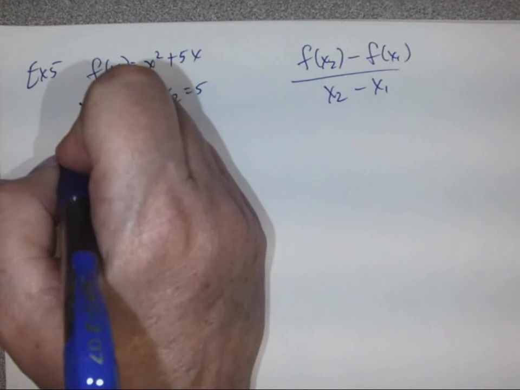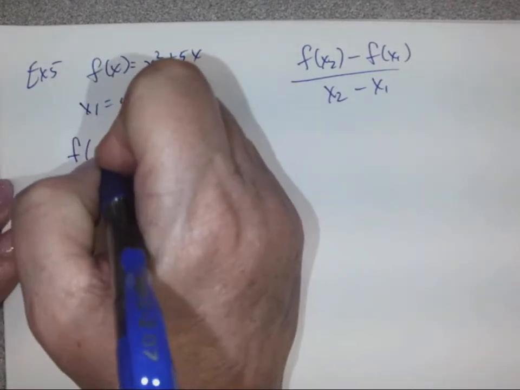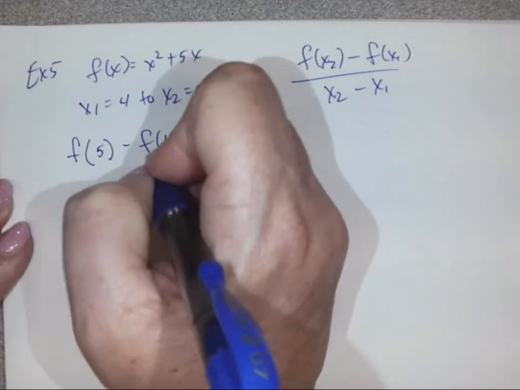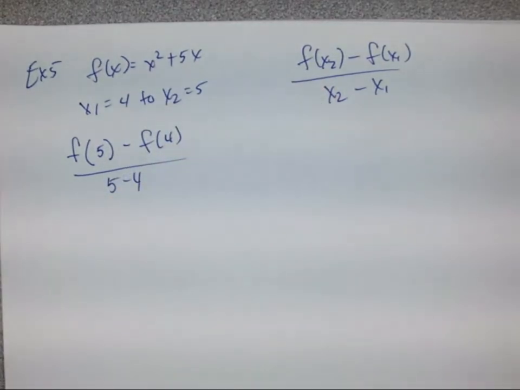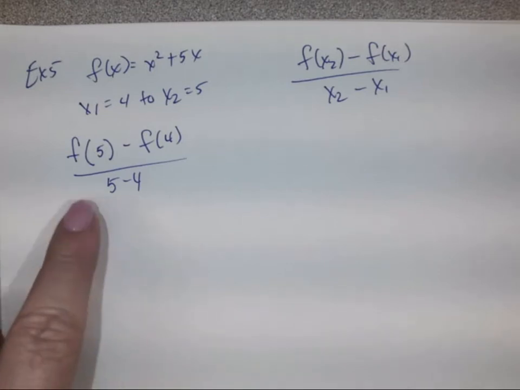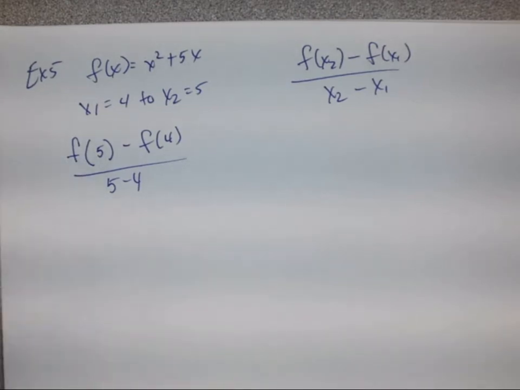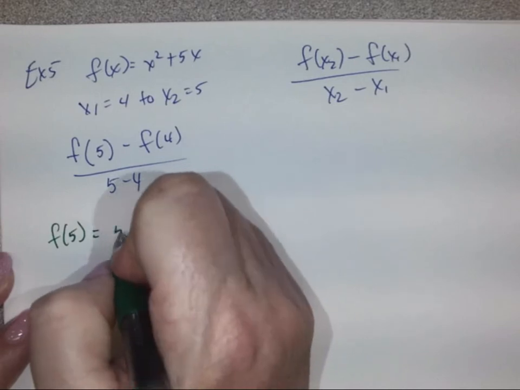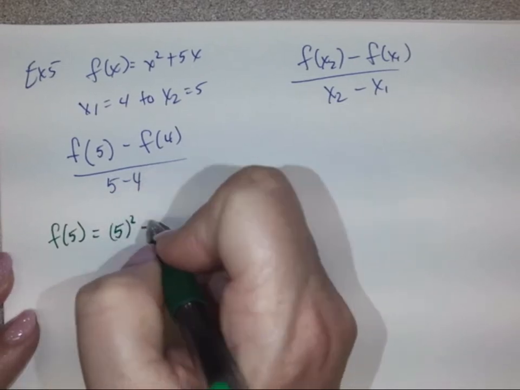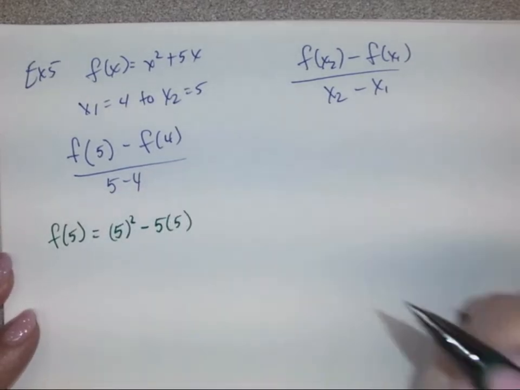All right, so this will be f at 5 minus f at 4 over 5 minus 4. Now this one's a little more complicated in the math, so I'm going to go find f at 5 and find f at 4. So I'm going to step away from my equation, step down here and find f at 5. So that'll be 5 squared plus 5 times 5.